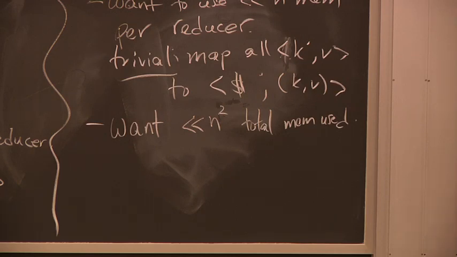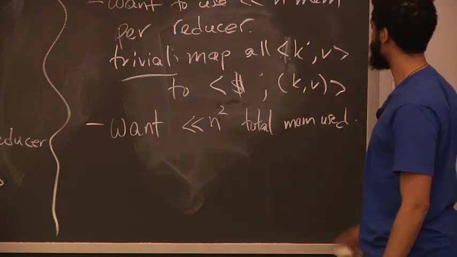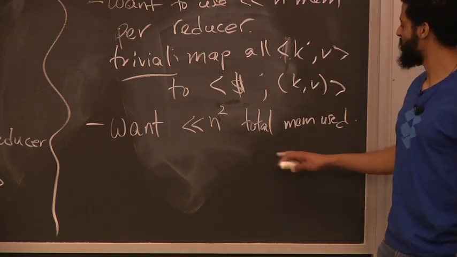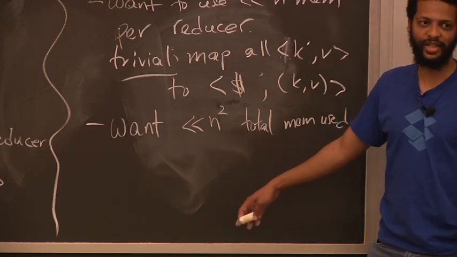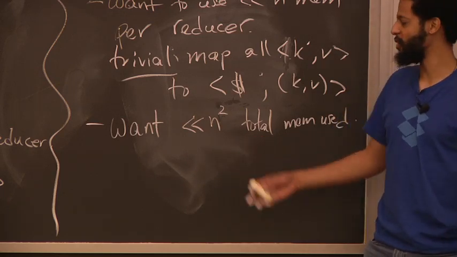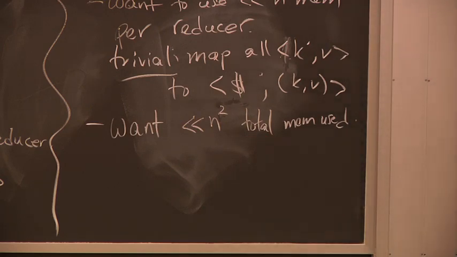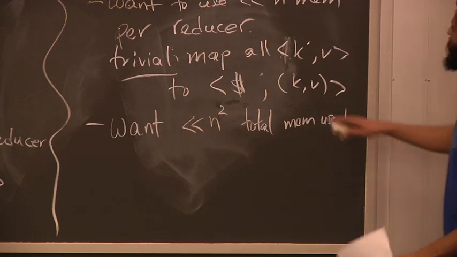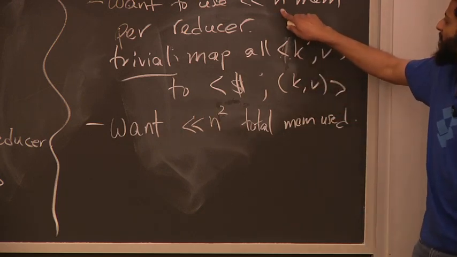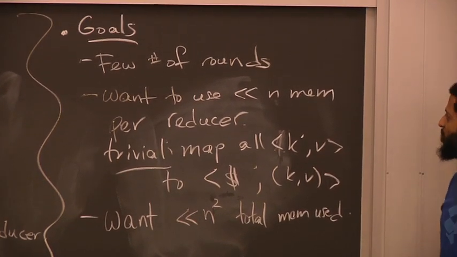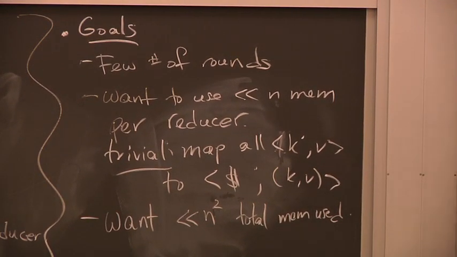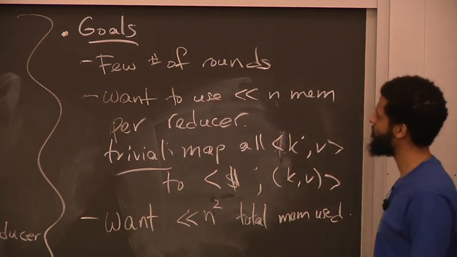So I want to avoid using n squared total memory. In fact, ideally, I want to use nearly linear total memory when you sum up the memory used by all machines. But as a first pass, we're going to shoot for something like this. And when I say much less than, as a first pass, I'm happy to have n to the 0.9 memory per reducer. But I don't want to use n, or even n over polylog n. Good.